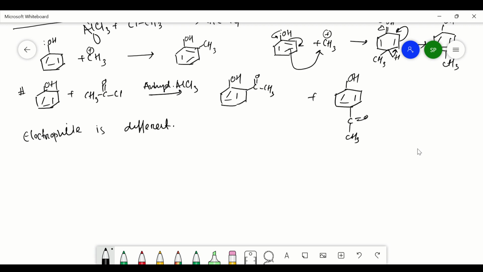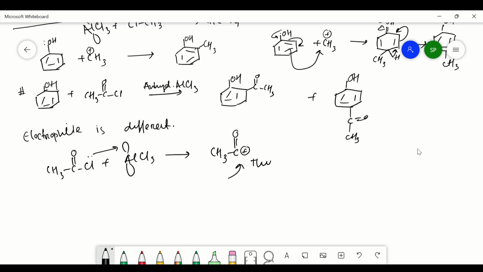The generation of the electrophile takes place as CH3C double bond O Cl reacts with anhydrous AlCl3. This has a vacant orbital, so chlorine donates electron and there is formation of CH3C double bond O plus. This acts as an electrophile.